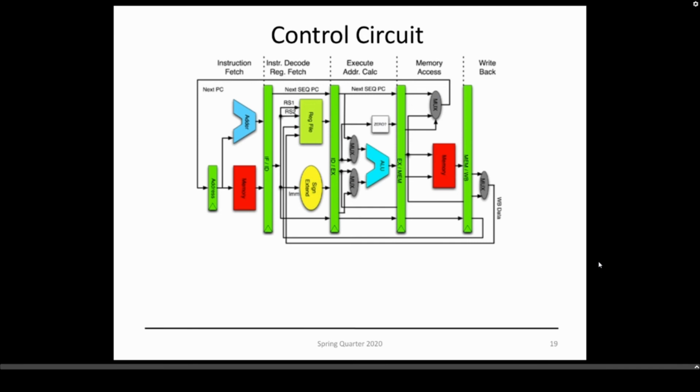So notice here that the hardware to do the fetch is done here. Then you have the hardware to decode, and then you have the hardware to execute those assembly instructions. We just went over this part over here.